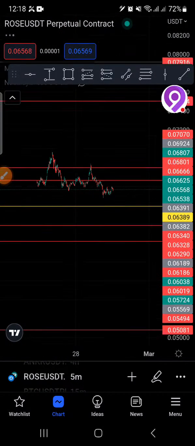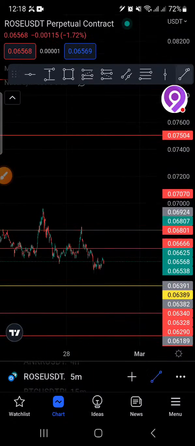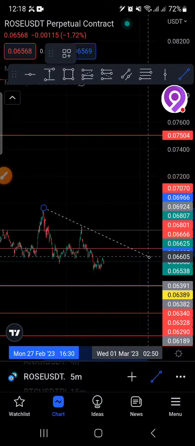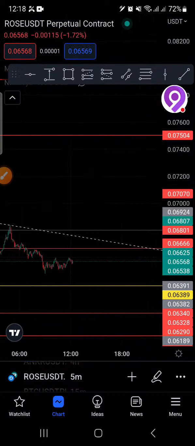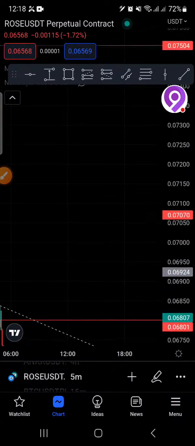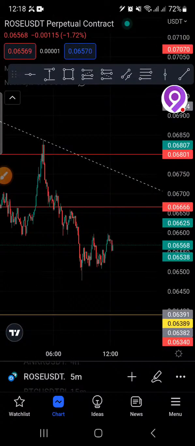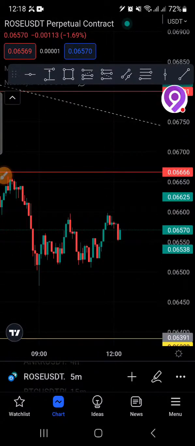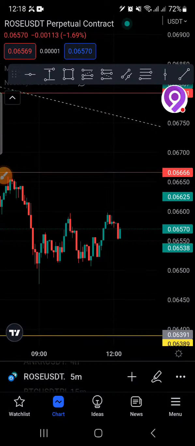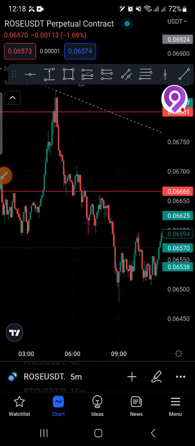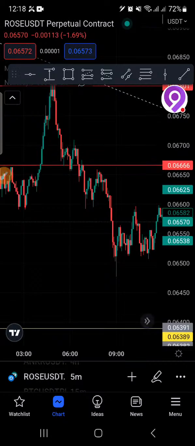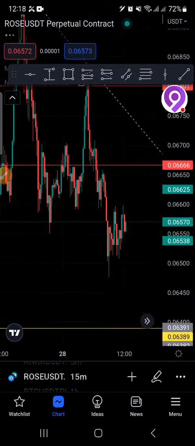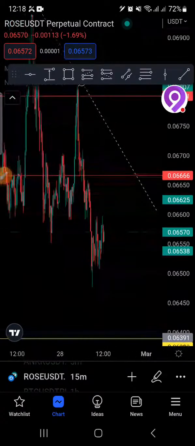Do we have setup? So let's still wait for more setup to play out. Yeah, can you see that? So it's not looking well.